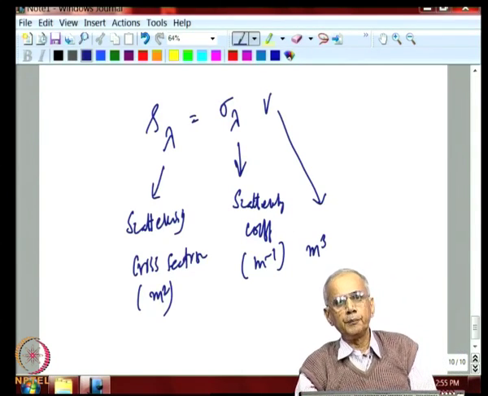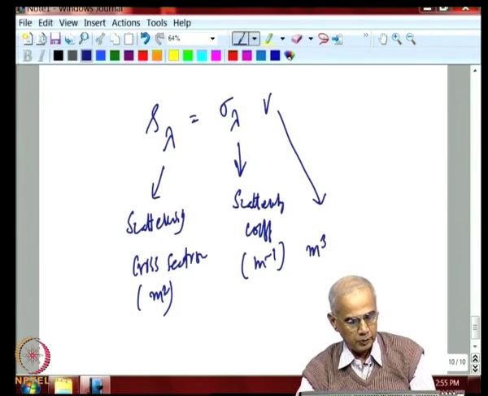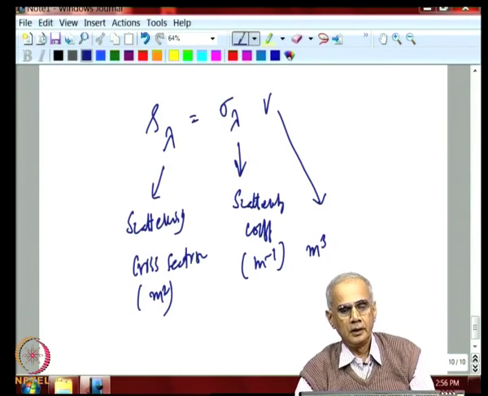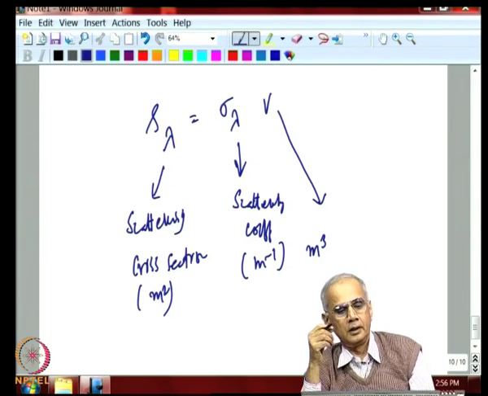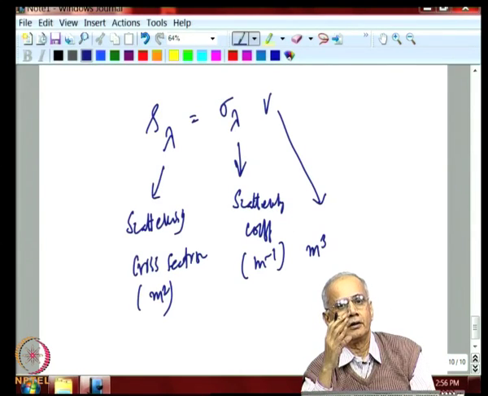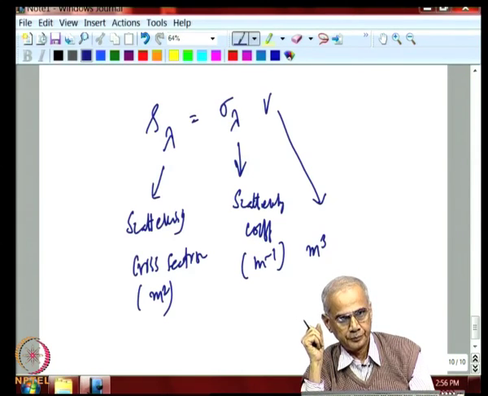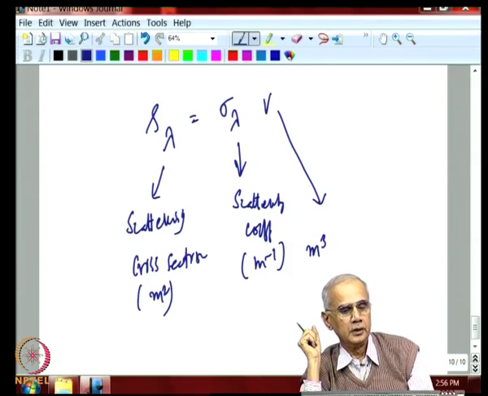So, cross section is a very popular term used both in nuclear engineering as well as in radiation, and it has a physical meaning. It is the effective area that the object offers to the incoming radiation, effective obstruction in some sense.